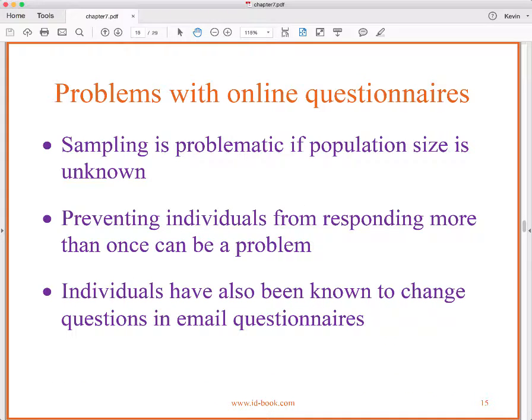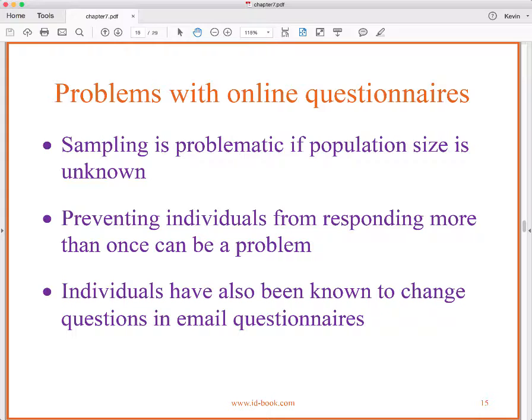Problems with online questionnaires. Sampling is problematic if the population size is unknown. How do you prevent individuals from responding more than once? Well, if in fact you know who the respondents are, then you can have individualized ways for them to log in that keep them from responding more than once.